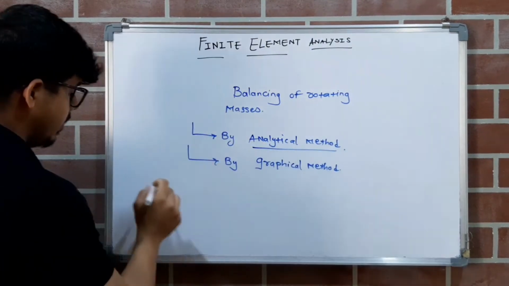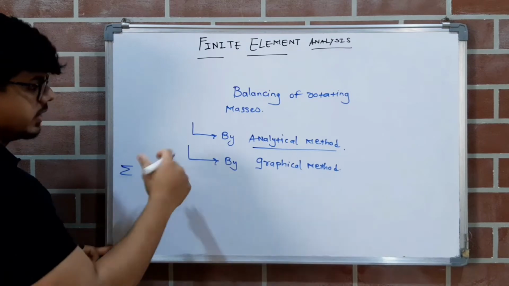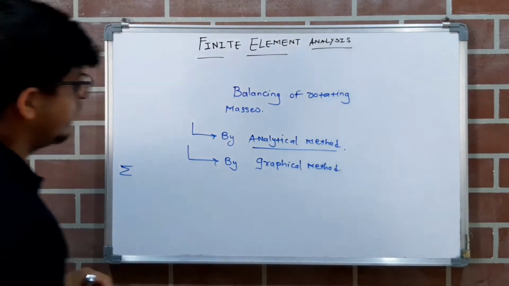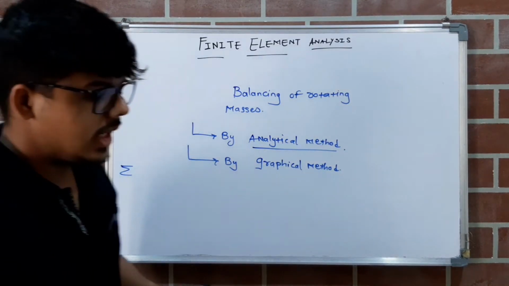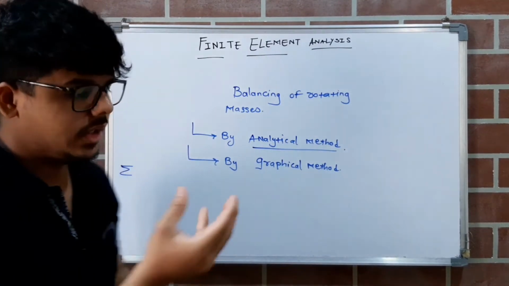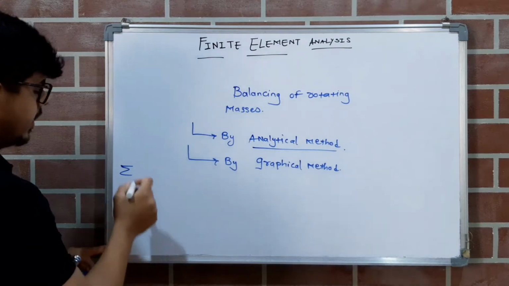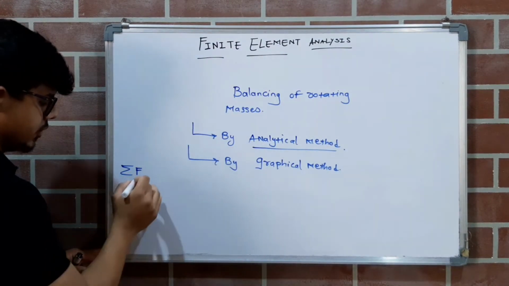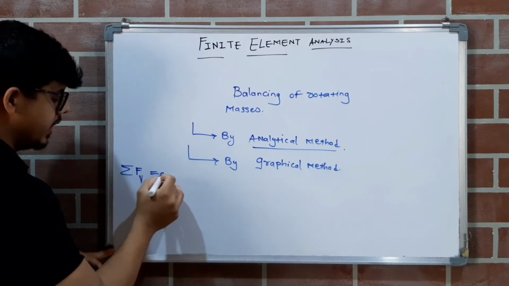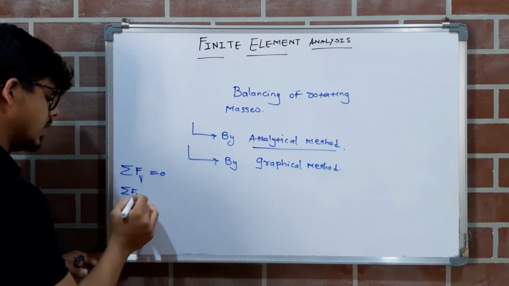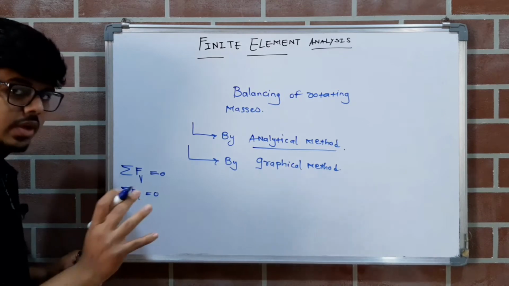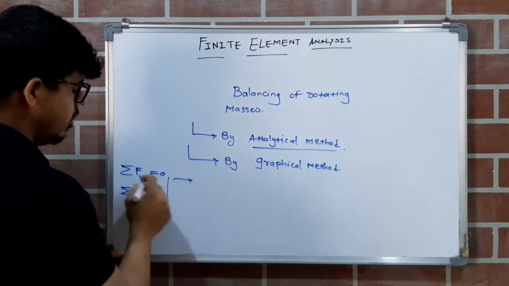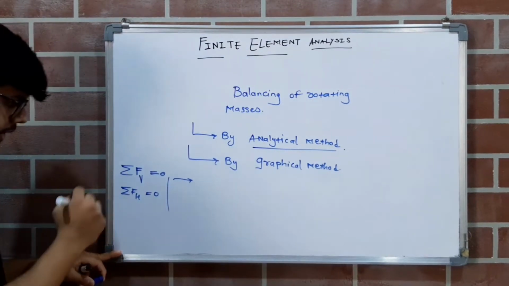Now what is the analytical method? In the analytical method we are just directly putting the values of the variables in the given formula. Suppose we are balancing the unbalanced force, where the vertical component is 0 and the horizontal component is 0. I am showing the balancing of the vertical component.